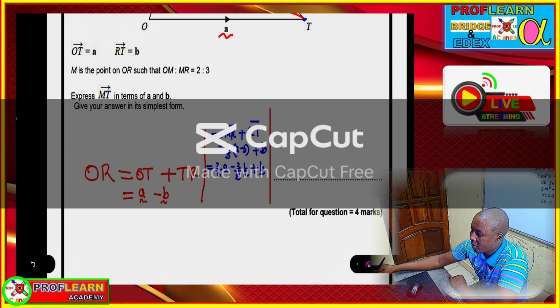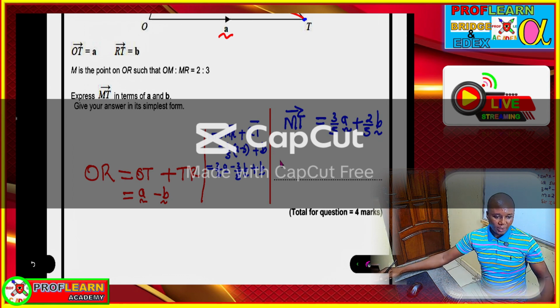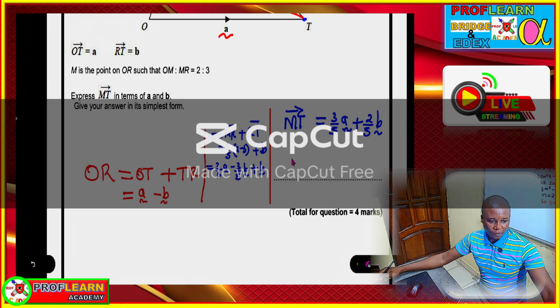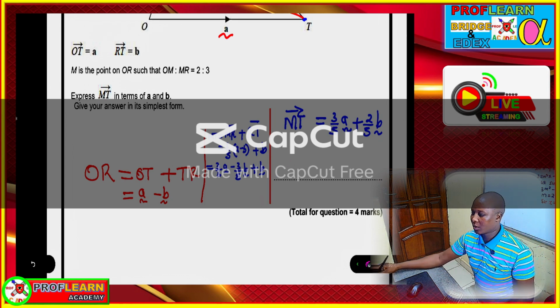So now if we simplify that, we have our MT equal to 3/5 vector A plus B minus 3/5, which is going to be 2/5 vector B. So that is the simplified form of the expression.